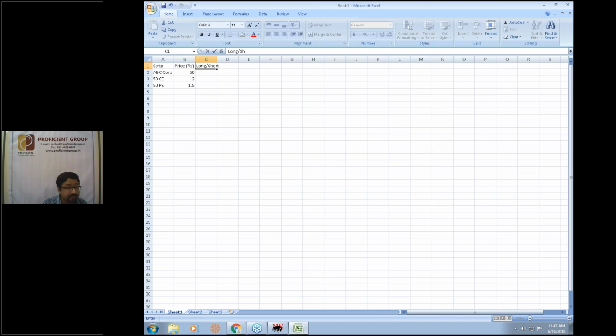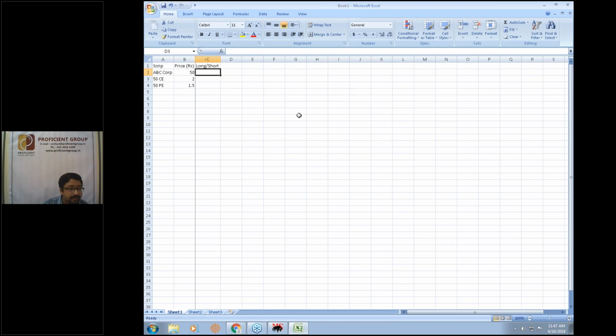Suppose we see this kind of opportunity, that the call is trading at ₹2 and the put is trading at ₹1.5. Then we have some risk-free profit opportunity.